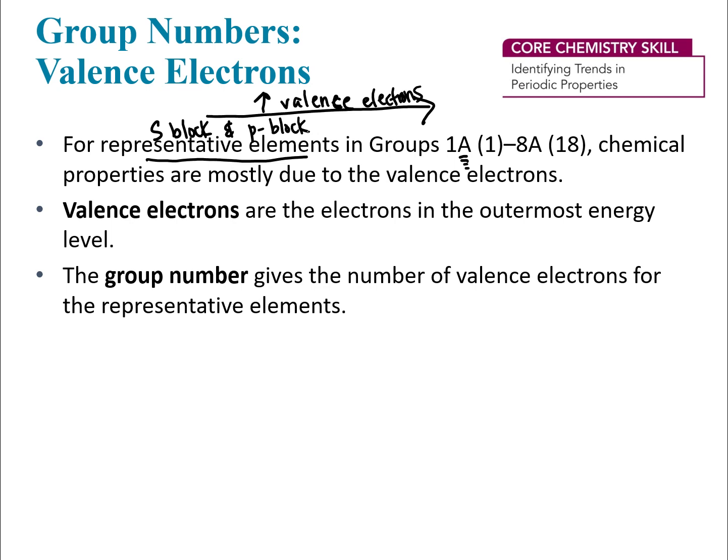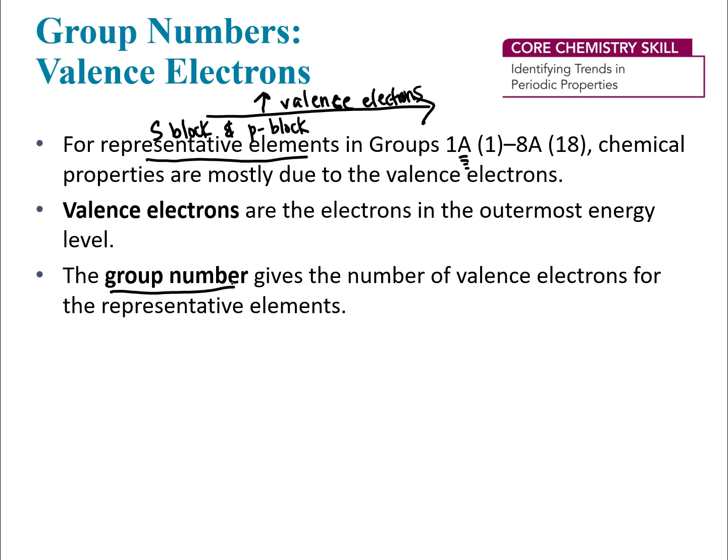The valence electrons are the electrons in the outermost energy level. So if you have an element that is in energy level 3 and it has electrons in the 3s and the 3p, those electrons are going to be the valence electrons. An easy way to know is by looking at the group number.